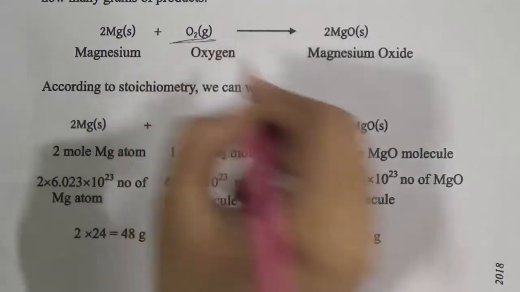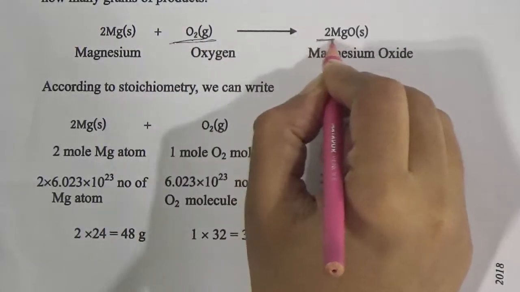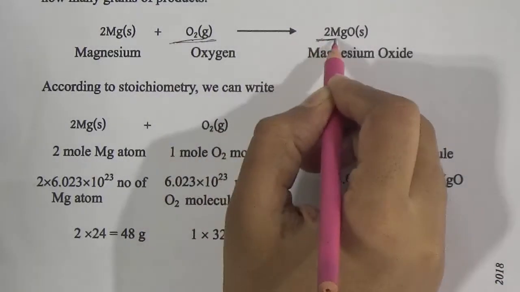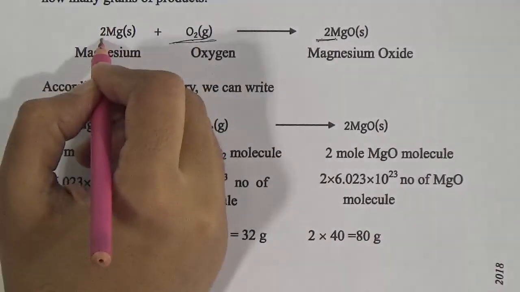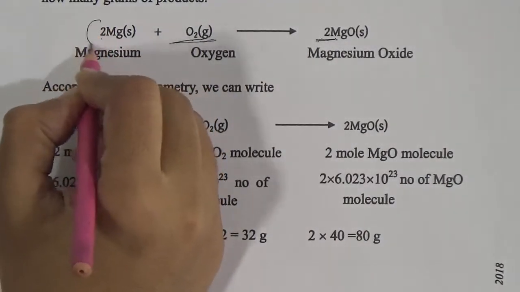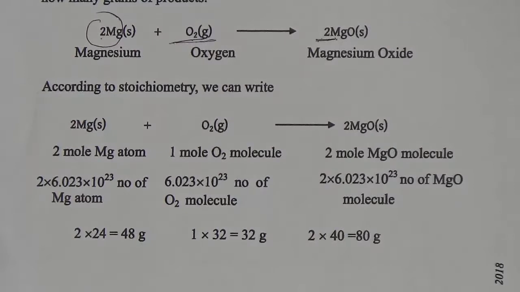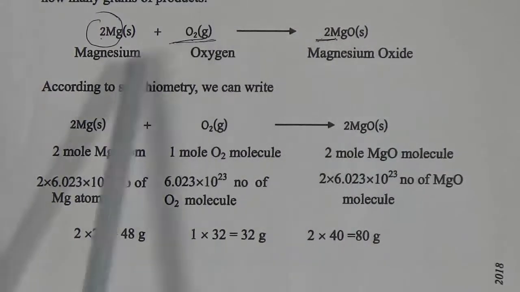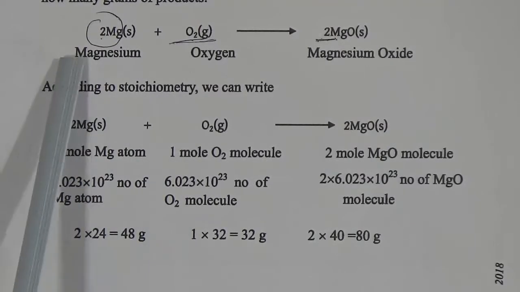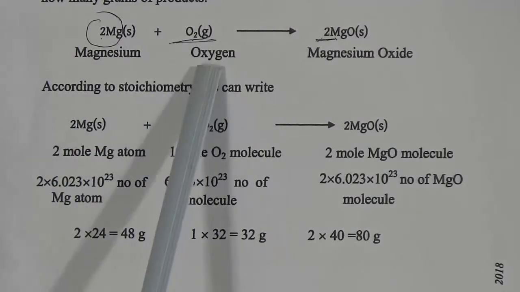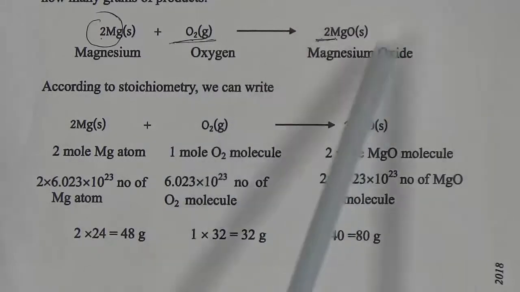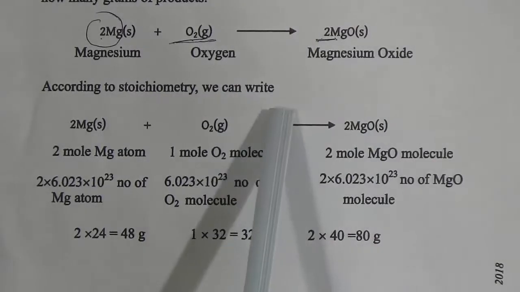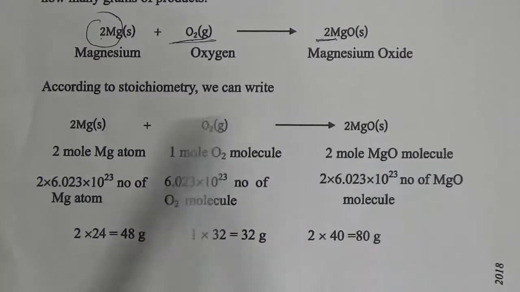For balancing the 2 oxygen we have to write this 2, and when we give this 2 we also need 2 magnesium, so we have to provide another 2, and now the equation becomes balanced. Now we can say 2 mole of magnesium reacts with 1 mole of oxygen to produce 2 mole of magnesium oxide. This is mole and chemical equation in short.